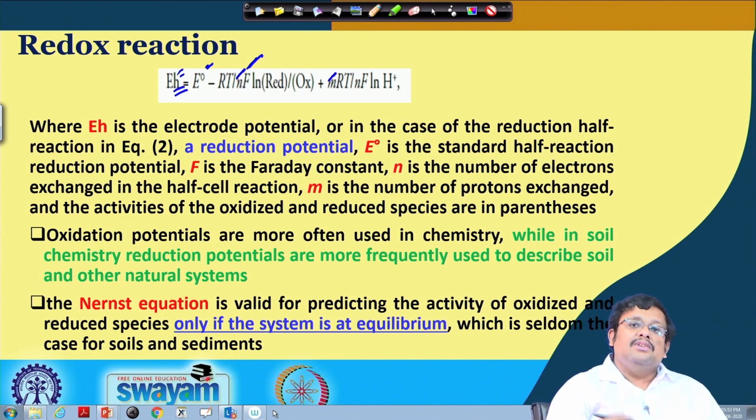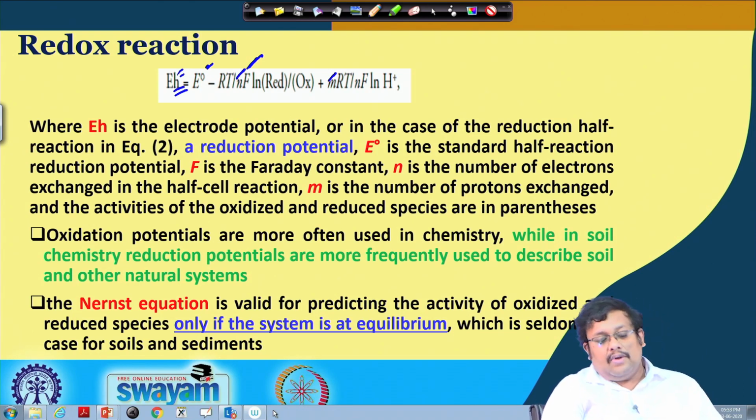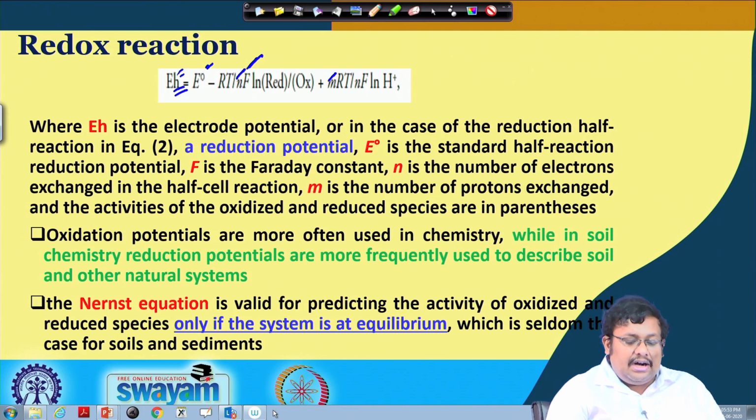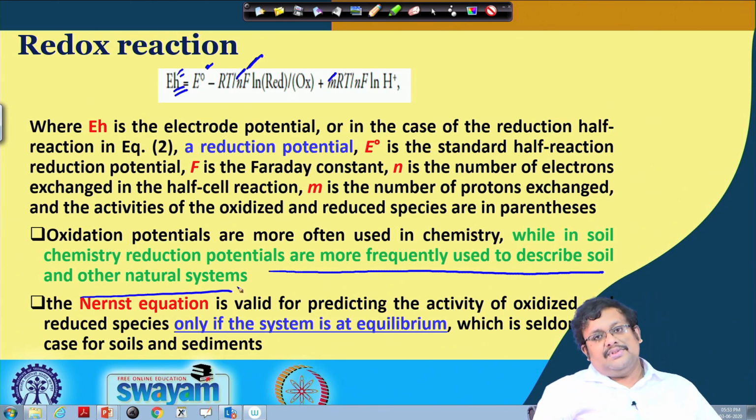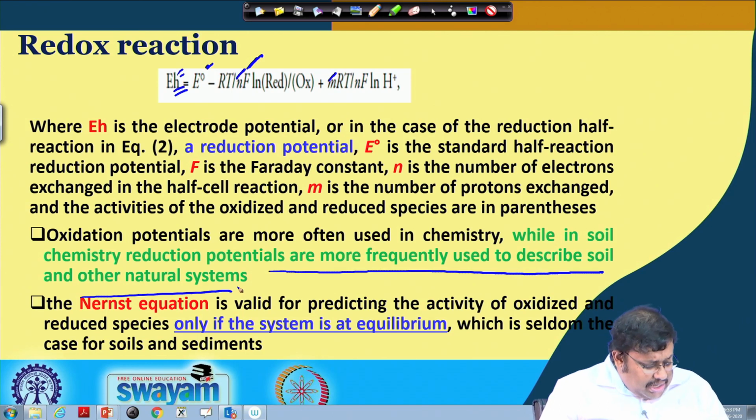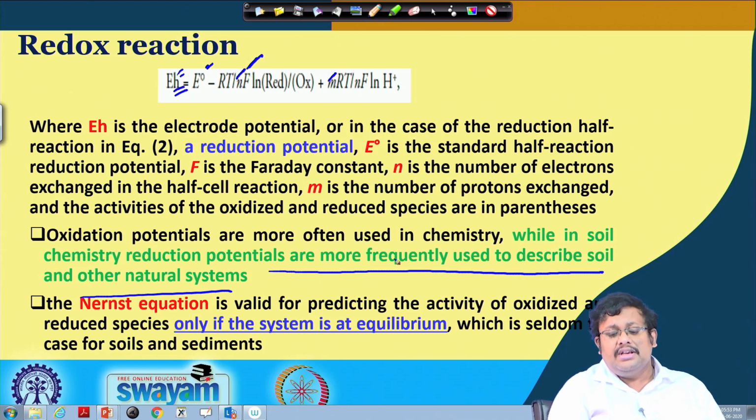Remember that oxidation potentials are more often used in chemistry, while in soil chemistry, reduction potentials are more frequently used to describe soil and other natural systems. Again, oxidation potentials are more often used in chemistry, while in soil chemistry reduction potentials are more widely used.